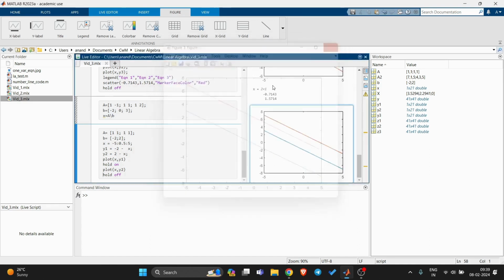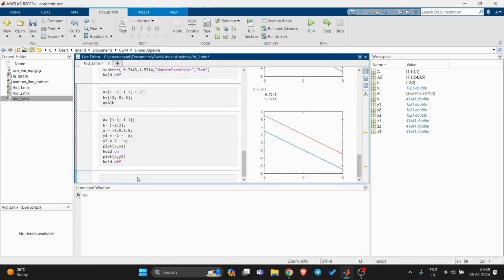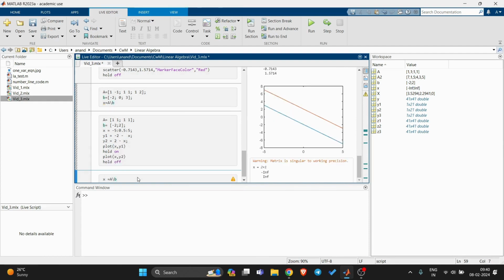And when I use the backslash operator here, say x is equal to A backslash b, the backslash operator will warn you if A is singular or nearly singular.